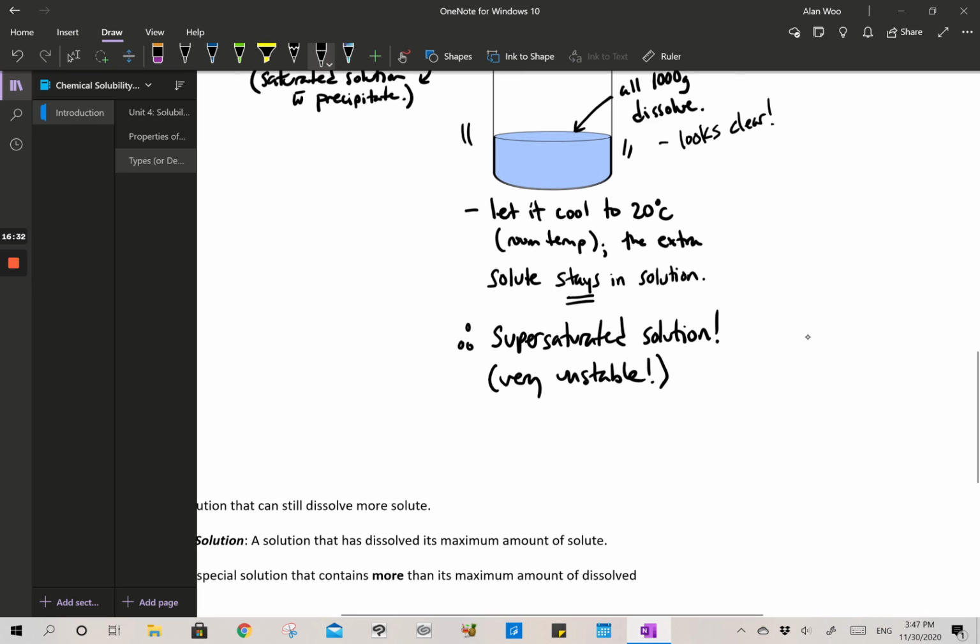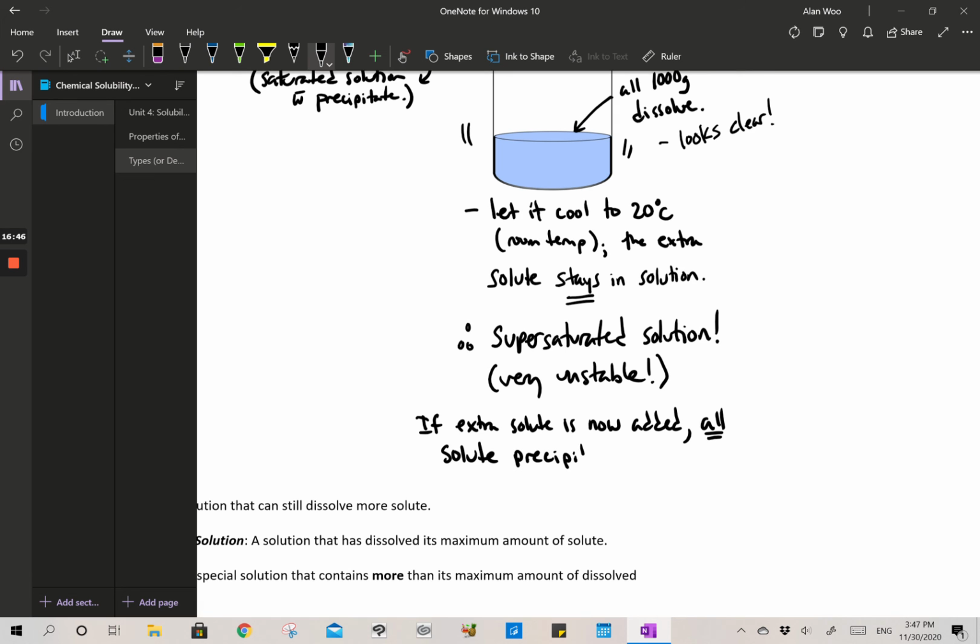So if extra solute is now added, all the solute precipitates from the solution. I'll show you a video of this happening in class, because some of these are actually a pain in the butt to make, but if done successfully, it's actually pretty cool to see.